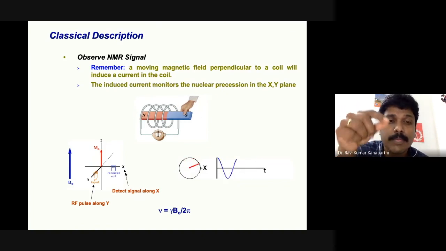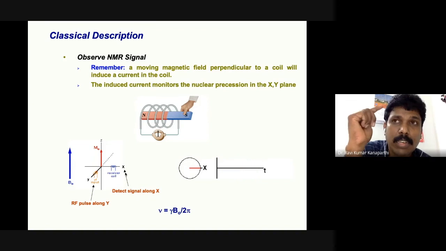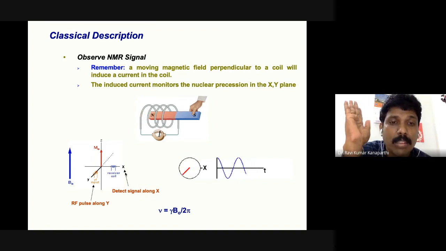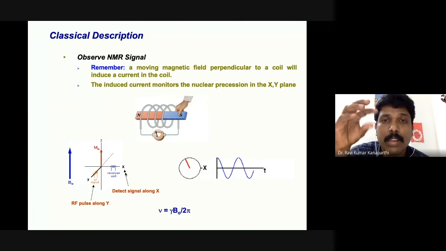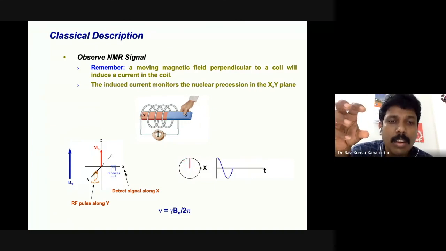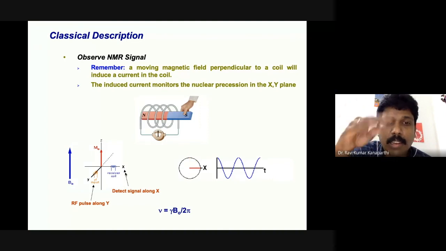There, the net magnetization vector is just pointed along the z direction. But because you applied the radio frequency pulse, it did some kind of exercise, and now it is trying to come back.